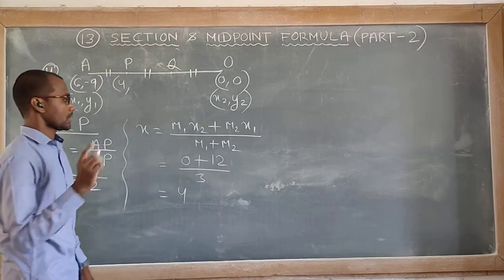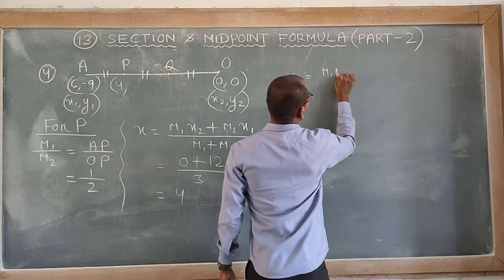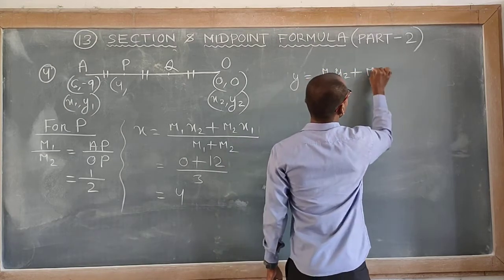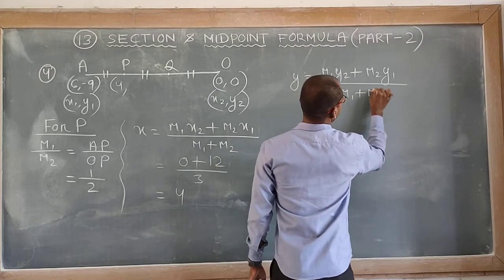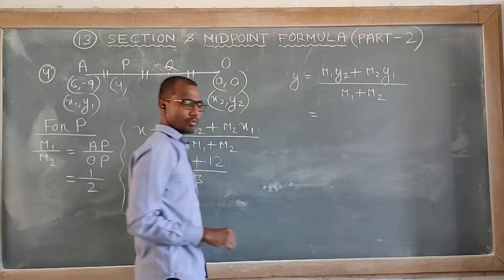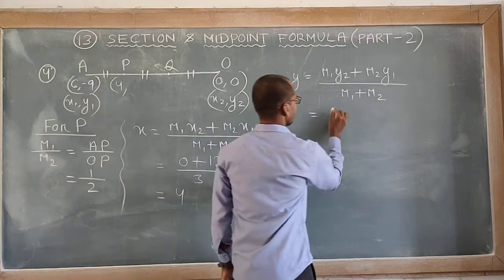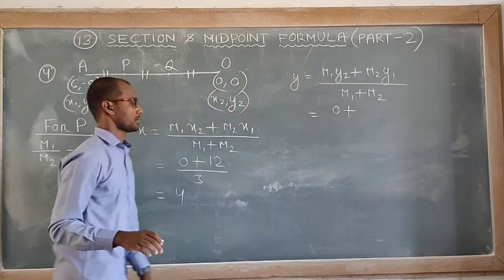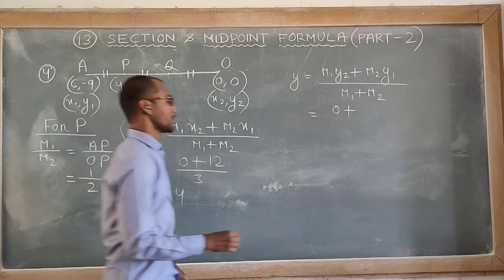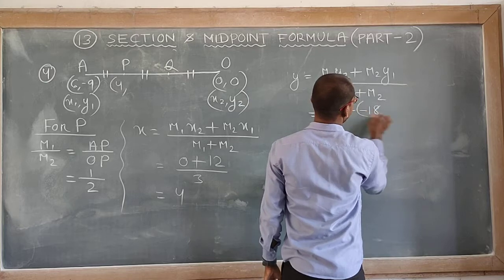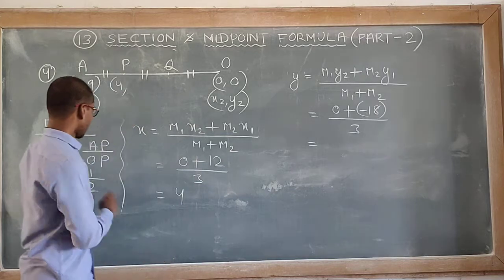4. Now let us go for the y coordinate. Y is equal to m1 y2 plus m2 y1 by m1 plus m2. What is m1 y2? 1 into 0, which is 0. m2 y1, 2 into minus 9, which is minus 18, by 3. m1 plus m2 is 1 plus 2, 3.